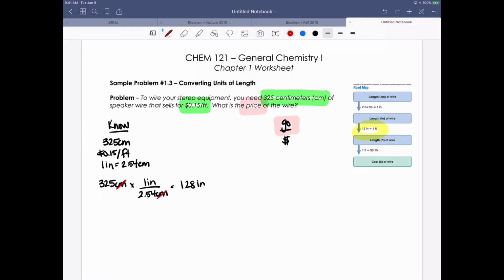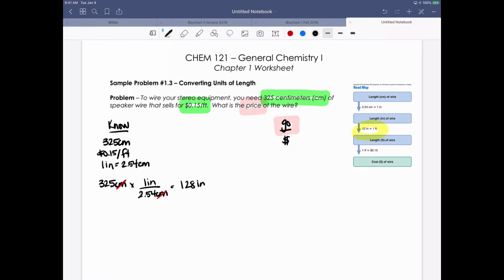I don't want to have inches on the bottom and centimeters on the top, because then my units wouldn't cancel. It's also very important that you put the right number with the right unit. That is, the 1 goes with the inches, and the 2.54 goes with the centimeters. So we have to make sure that that value stays with the right unit for that unit conversion.